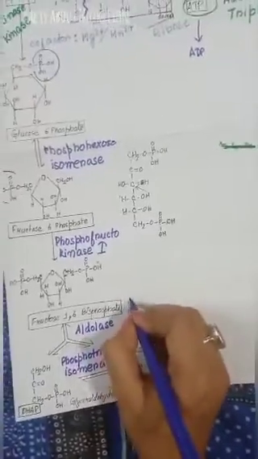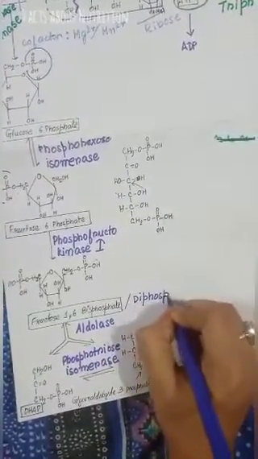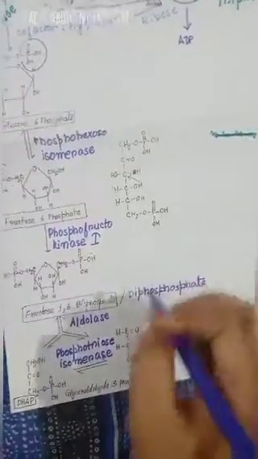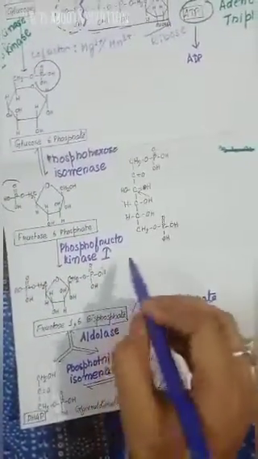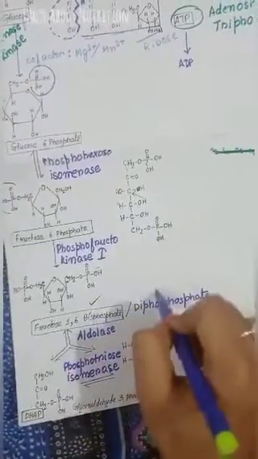Now, in many books here, in the place of bisphosphate, you can also see diphosphate. But what is the difference between the two? Bisphosphate means in a molecule, 2 phosphate molecules are present, both in this case and this case.